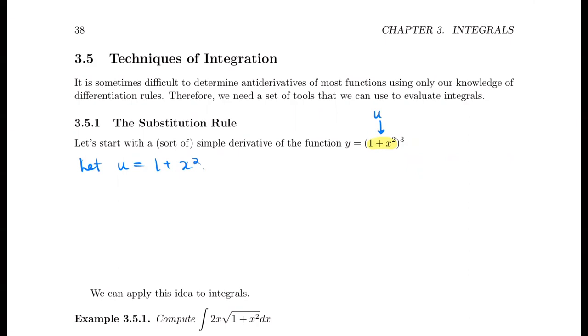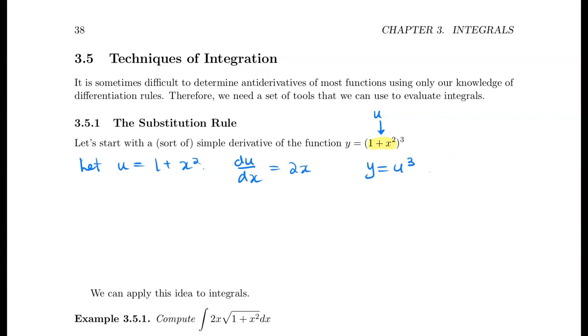But the next step here is that we actually have to differentiate both sides. So that means du over dx is also the same as saying 2x. So once we make the substitution for u, that means y is equal to u cubed.